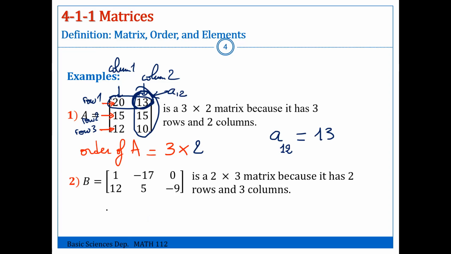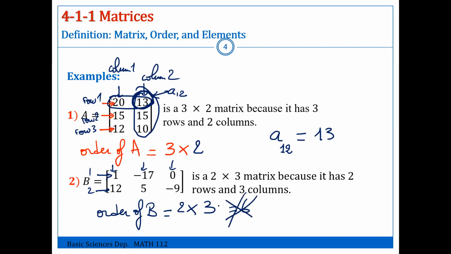What about the matrix B? What is the order of B? We have 2 rows and 1, 2, 3 columns. So it is 2 by 3. Do we calculate it and say 6? No. The order is not the product. So 2 times 3 means 2 rows, 3 columns.